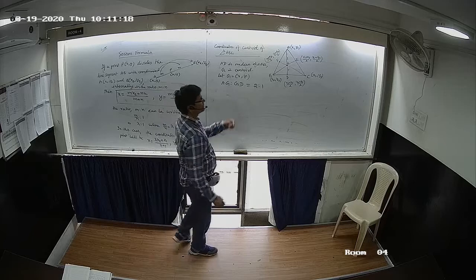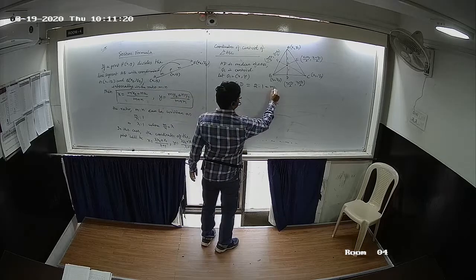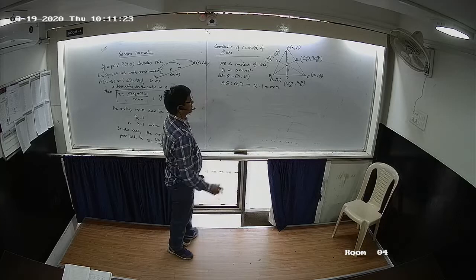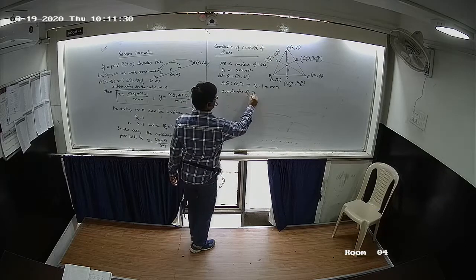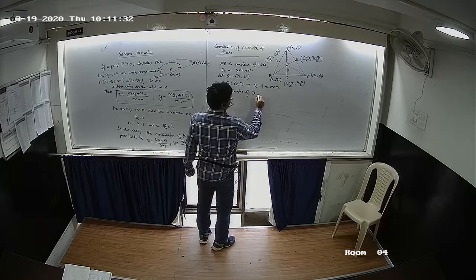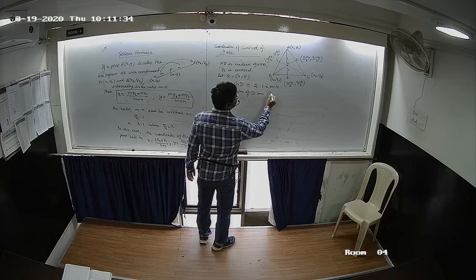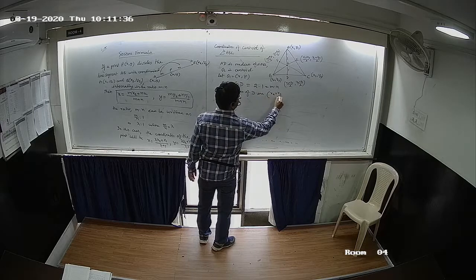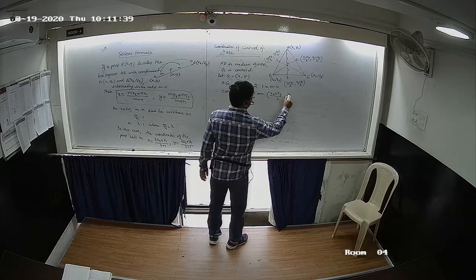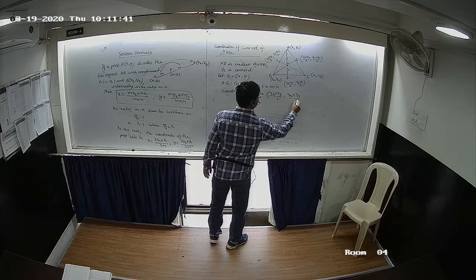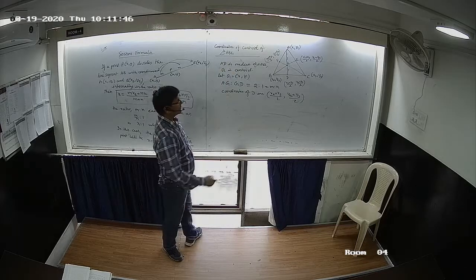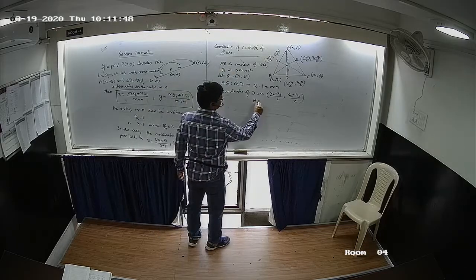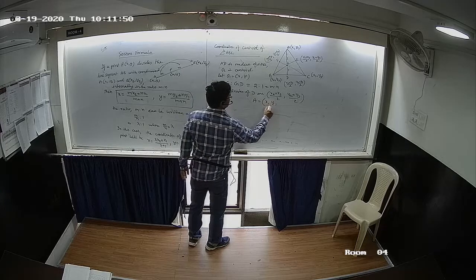So here we have m is to n equal to 2:1, and the coordinates of D are x2 plus x3 by 2, y2 plus y3 by 2. And the coordinates of A, we know, are x1, y1.